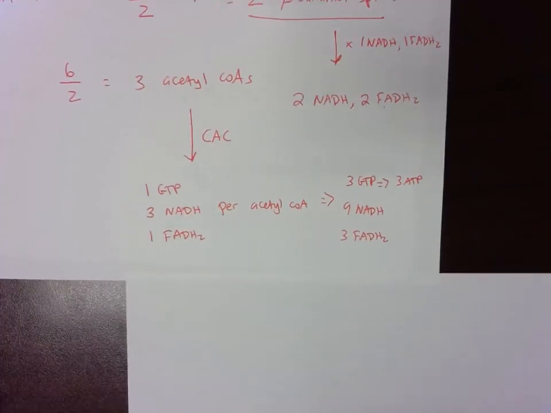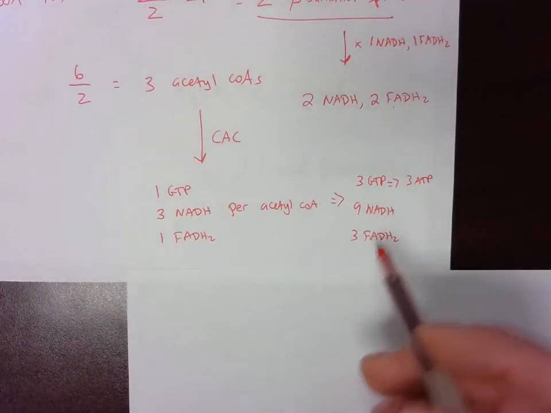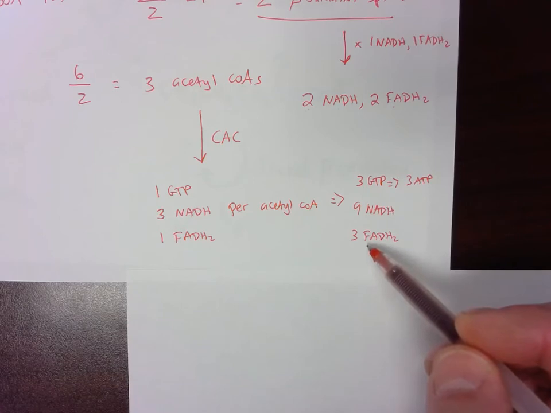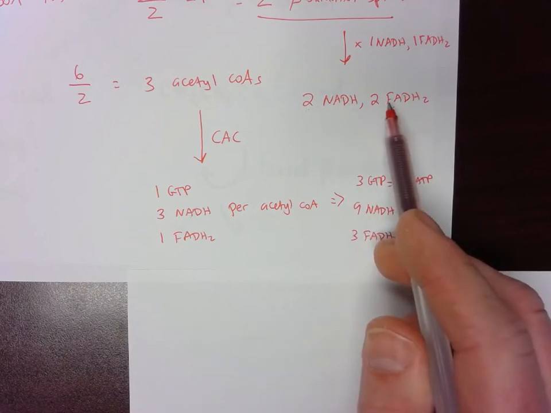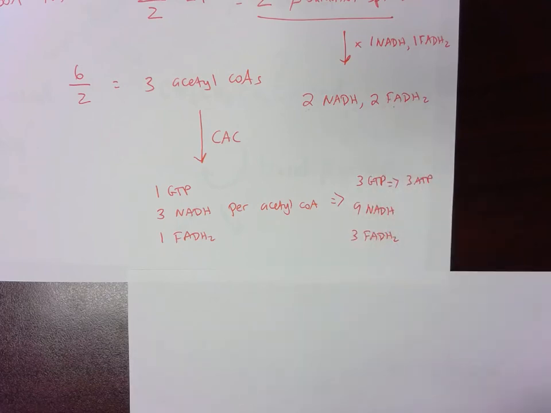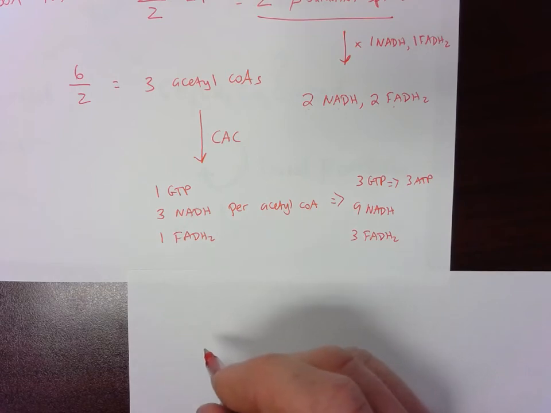So let's put this all together. These are our totals from our acetyl-CoA that has gone into the citric acid cycle. These are the totals from the beta oxidation spirals. And then don't forget about the 2 ATPs from activation.